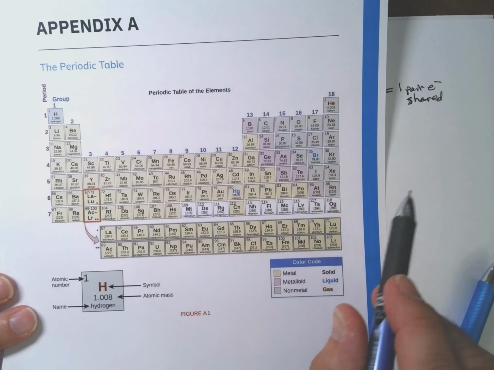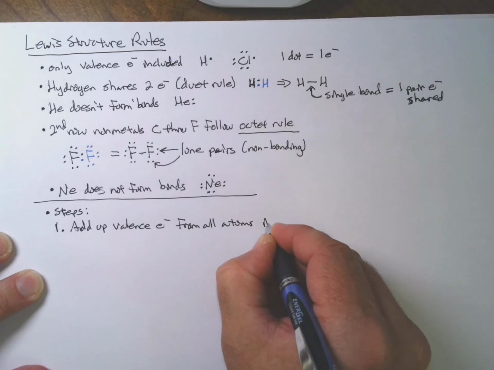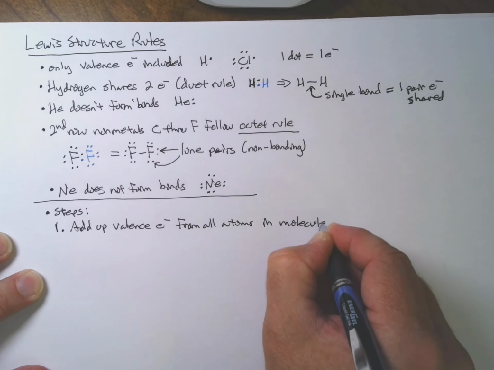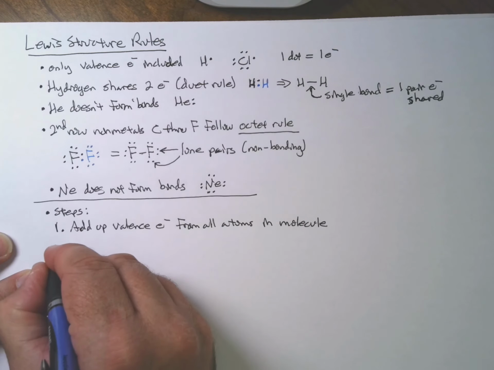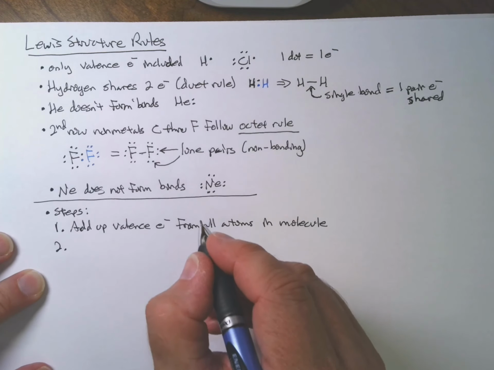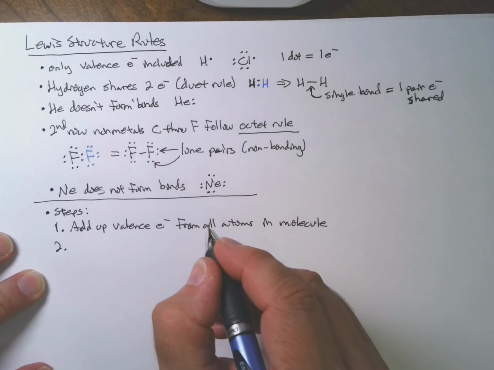All right, so let's go over the steps then. The first thing that we'll want to do is add up the valence electrons for all the atoms. And then we'll use a pair of electrons to form a bond between each pair of bonded atoms.